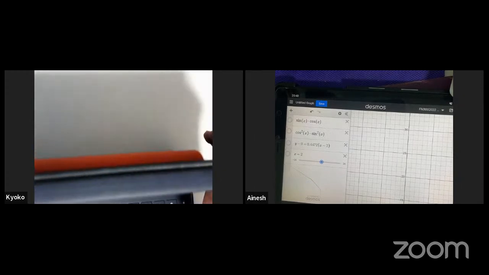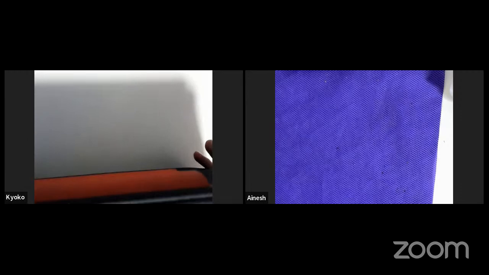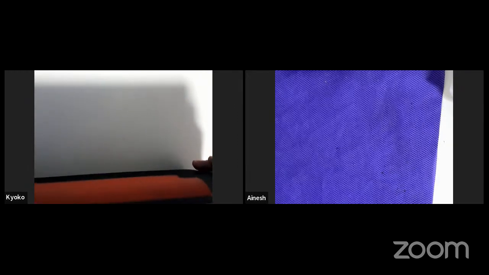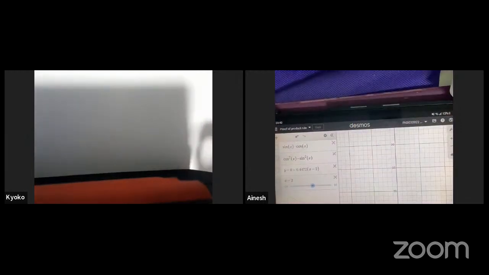Yes, wonderful. Now, in this untitled graph, please save it as an appropriate title, which is the proof of product rule. Please save that as that title. Kyoko, are you okay with signing up proof of product?